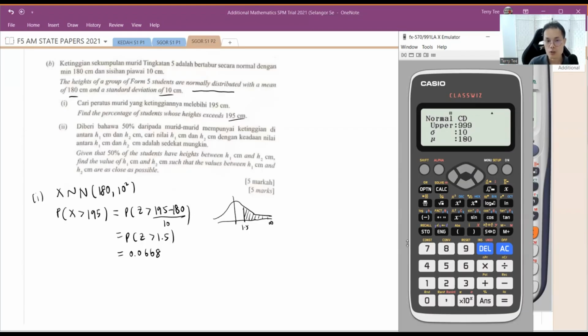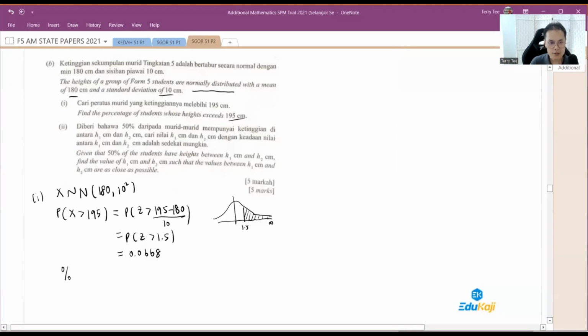But of course, you need working marks given for standardizing and getting the final answer. You're still getting the same answer, 0.0668. Since I'm finding percentage, you times with 100. You just switch the decimal point twice, you get 6.68%.